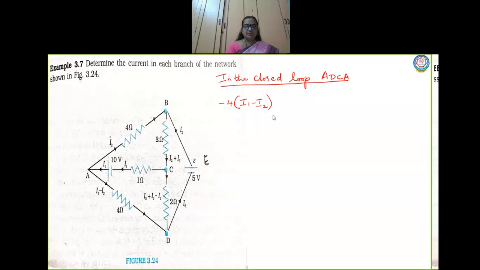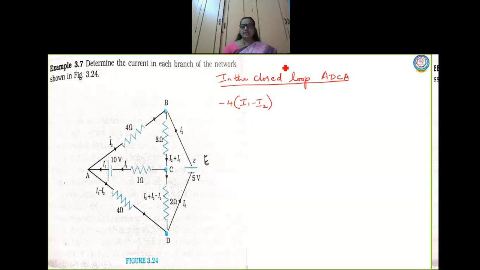Next we go on to this lead. Look at the direction. The actual direction is this side, the current arrow is this side, but what should be my assumed direction? It should move from D to C. So here it is in the opposite direction. The current in this branch is I2 plus I3 minus I1, into 2. Here I will not have a negative sign, I will have a plus sign.